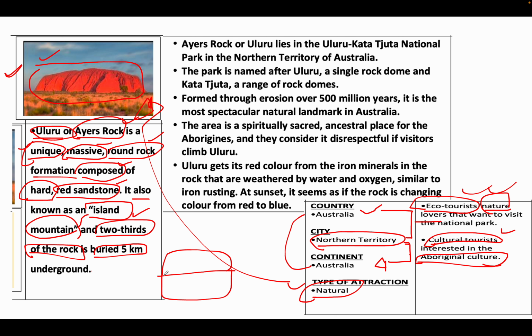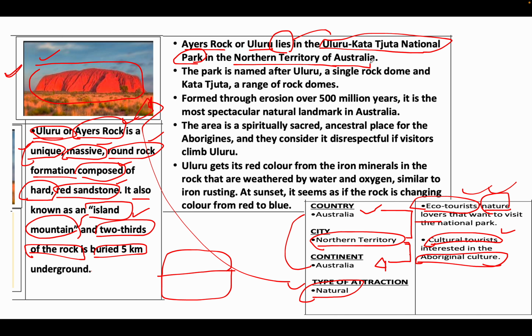Okay, so the description of the rock: Ayers Rock, as we also know, is called Uluru. It lies close to the national park there in Australia. The national park, Uluru, is on the side of the northern part of Australia.